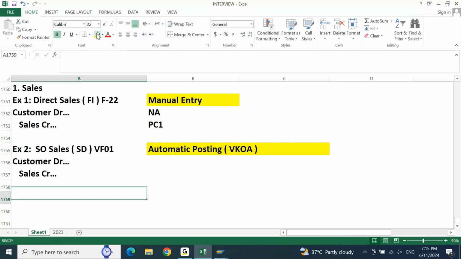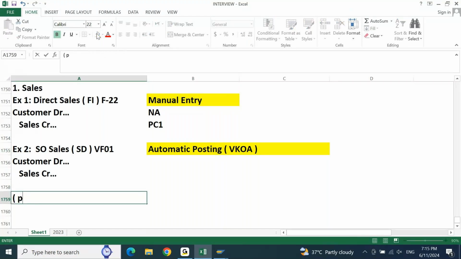Ajay, in the Kofi and Kofac, we will be updating the GL accounts. Based on that, it will be updating, like make to order, make to stock. So, PC is coming from SO. Is this point correct? Yes, correct. PC is coming from sales order based on material master.